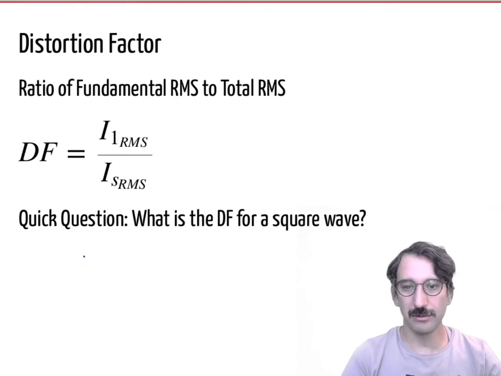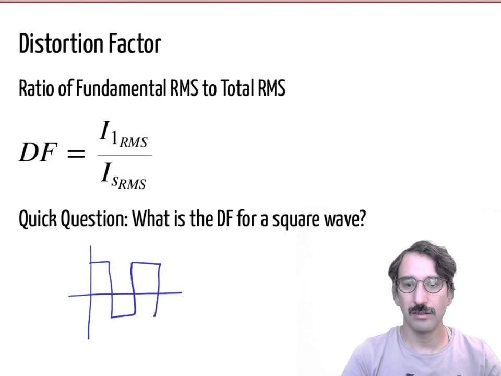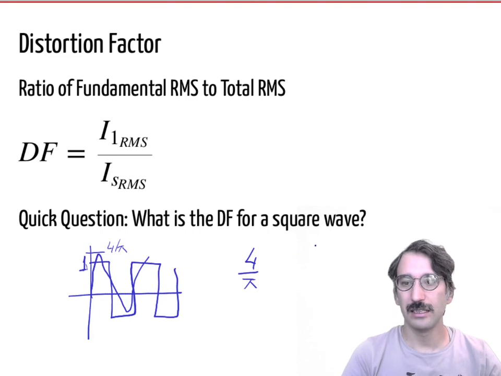How can you calculate the distortion factor of a square wave? I will leave it for you to calculate, but if you remember from previous years, for a square waveform, the fundamental component will be 4 over pi. If the amplitude is 1, the first harmonic has magnitude 4 over pi, the third component is 4 over pi multiplied by 1 over 3, and the fifth component is 4 over pi times 1 over 5.